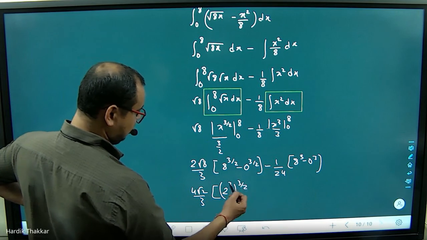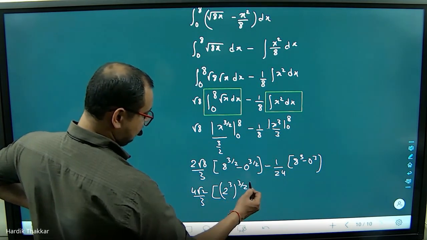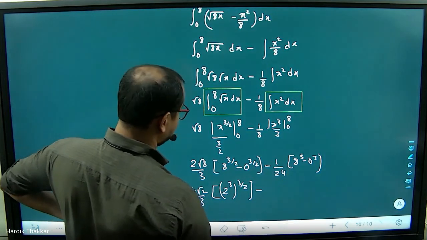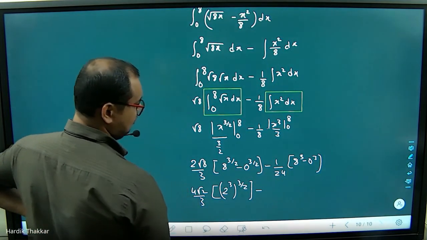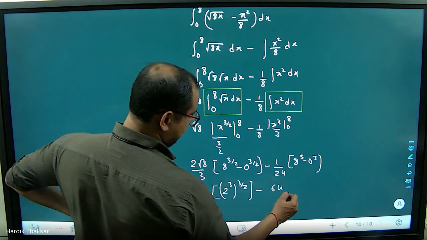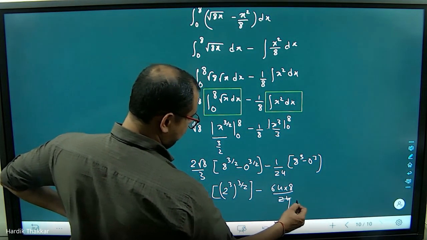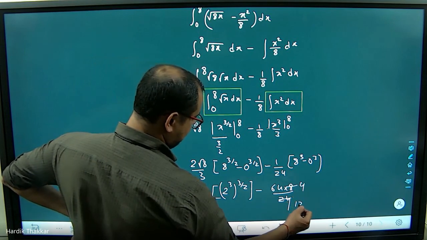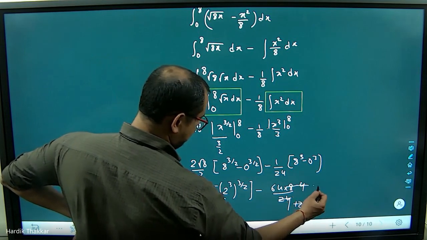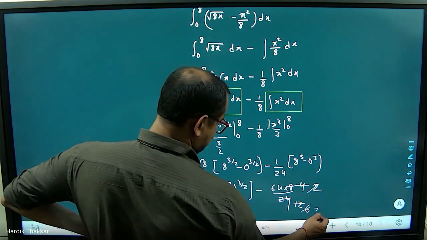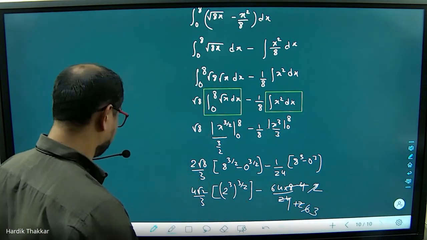So it will be 2 raised to 9/2 minus 8 cube, which is 512. 512 divided by 24 is 64 by 3.